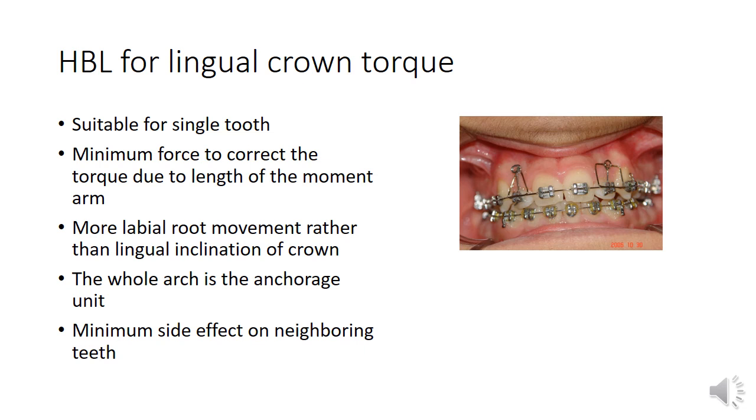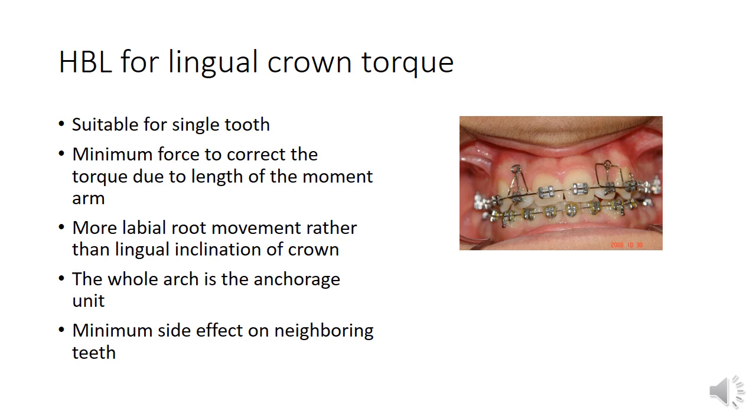First, the horizontal box loop is suitable for single tooth. Secondly, it needs minimum force to correct the torque due to length of the moment arm. Third, more labial root movement rather than lingual inclination of crown will happen with the horizontal box loop.